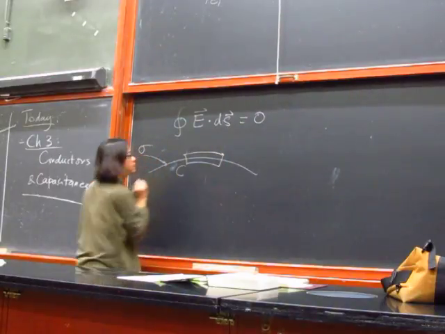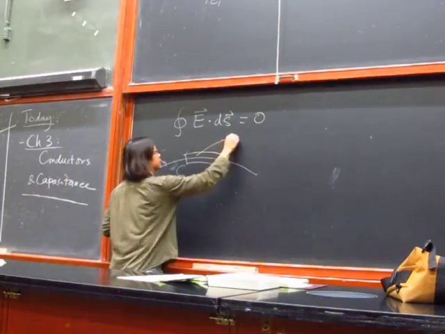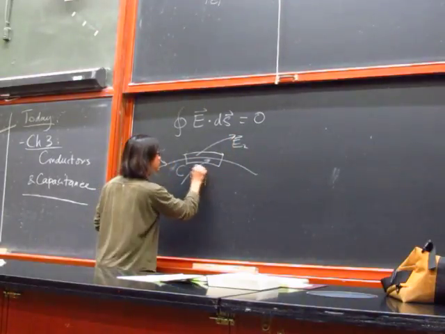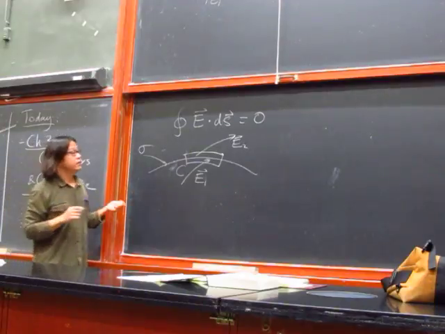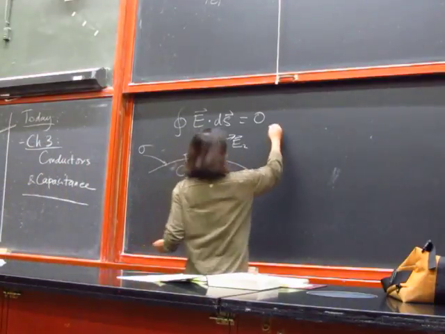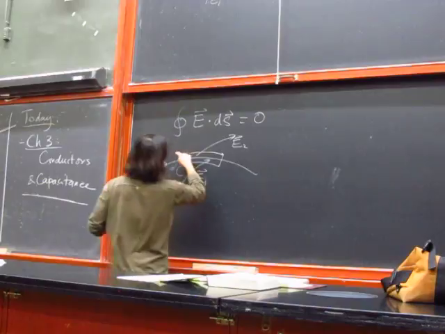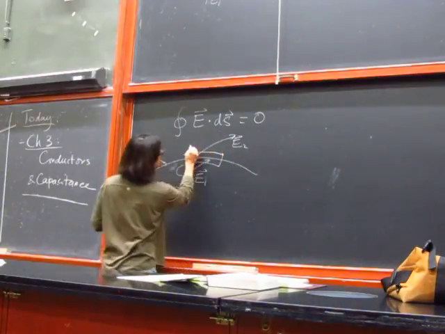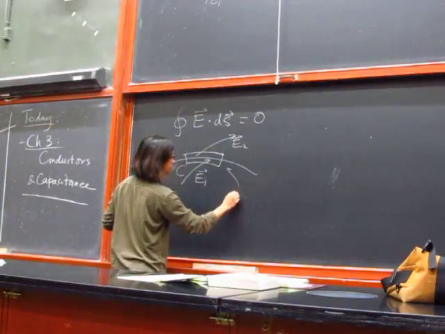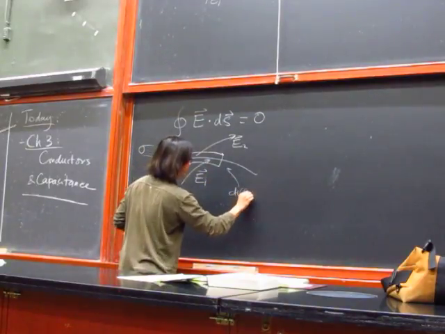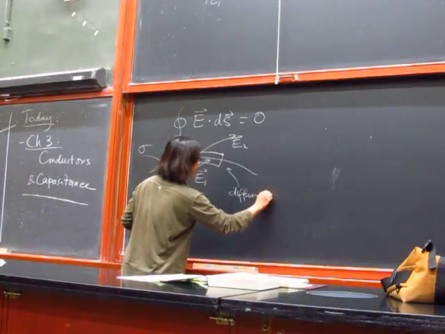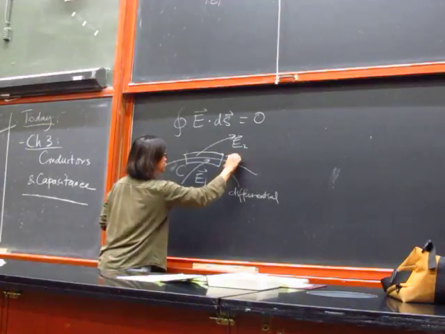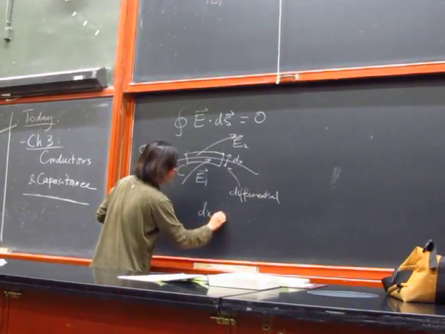Suppose there's an electric field E2 here and an electric field E1 there. Then I look at the closed loop line integral around C, where these are all differential elements, by the way. I can make this thickness go to 0 in the limit.